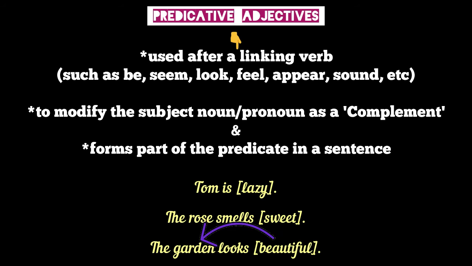Because the adjective beautiful comes right after the linking verb looks to complete the sense of the subject noun garden. We notice that the linking verbs in these sentences link the adjectives with their respective subjects. In this way, lazy, sweet, and beautiful are examples of predicative adjectives. They act as subject complements and complete the meaning of the sentence.